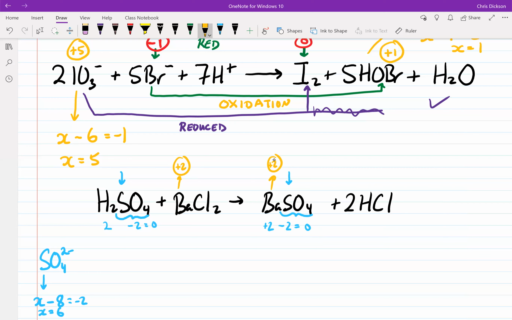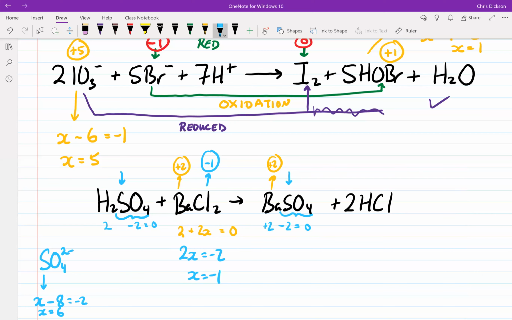So maybe the chlorides. We've seen a few examples where the chlorides do change oxidation number. In fact, we've seen examples where chloride has a positive charge. But here you would have 2 plus 2x equaling 0. Not sure why I just drew that weird bracket. And that means that 2x equals -2, so x equals -1. So each of these chlorides is a -1 oxidation number.